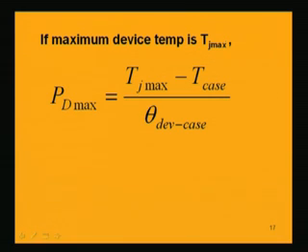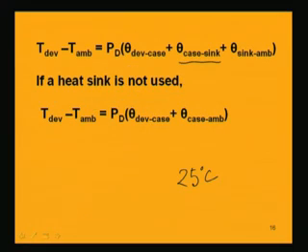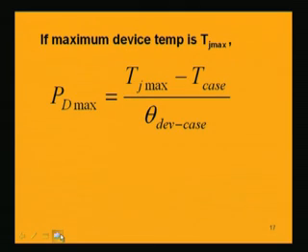PD max denotes the maximum power dissipated in the transistor, with Tj max specified as the maximum device temperature. We are concerned about the transistor and the case.